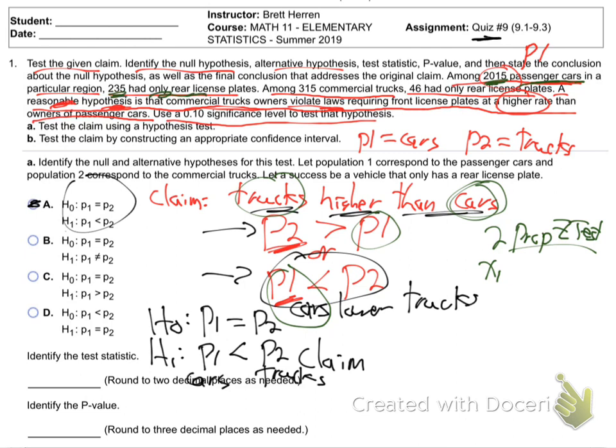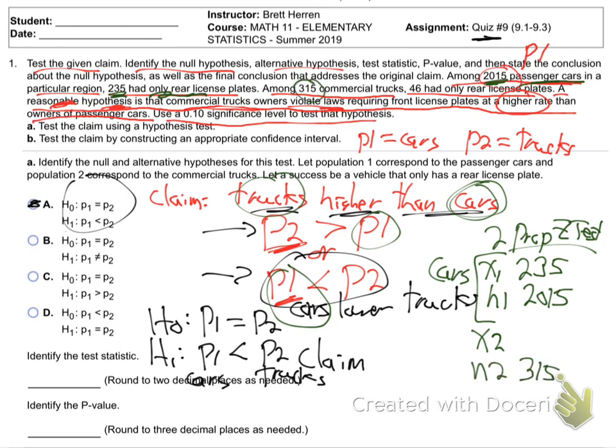They didn't have a front license plate. So that's 235 that violated the law out of N1. The number of cars total in this sample is 2015. Then population 2 is the trucks. Of 315 commercial trucks, 46 violated the front license plate law.